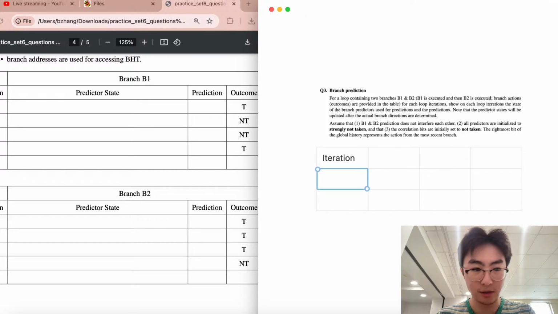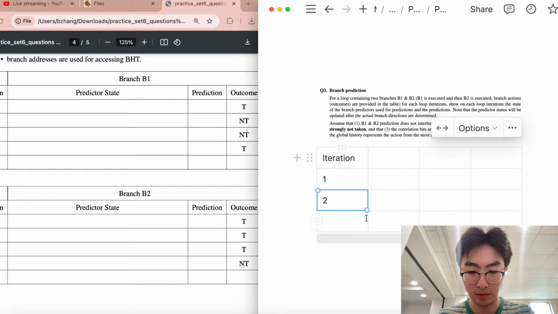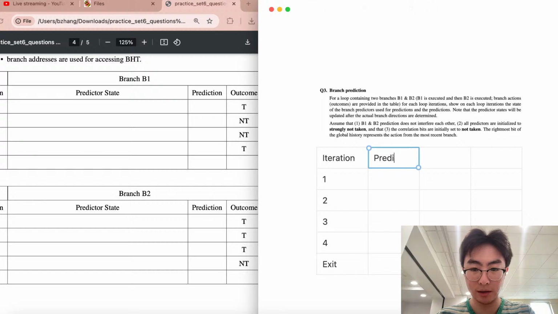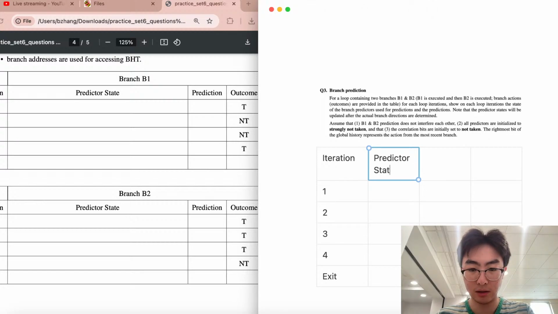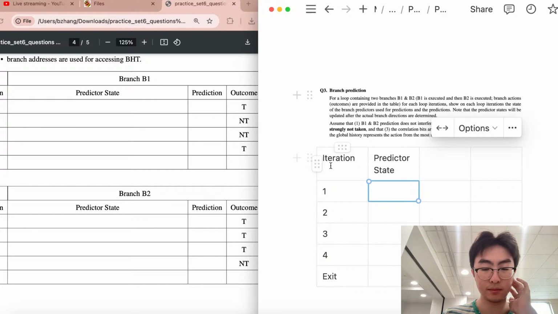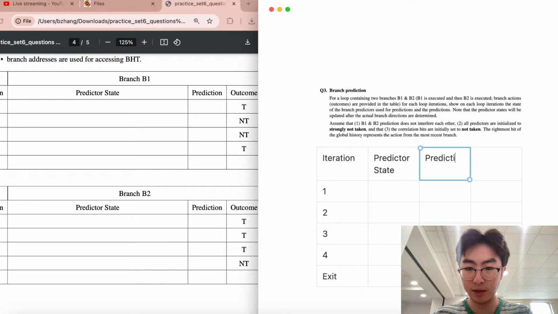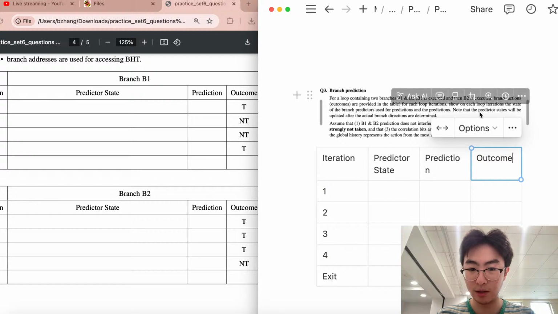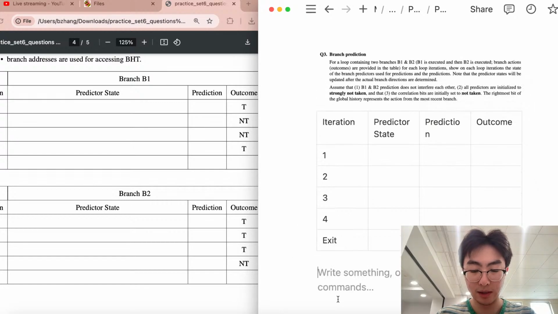So iteration 1, 2, 3, 4, exit. Predictor state and prediction outcome. So this is actually, let's see, we need 2 tables.